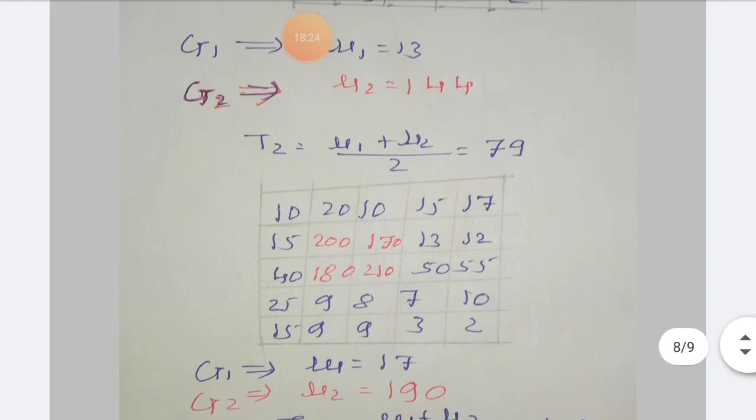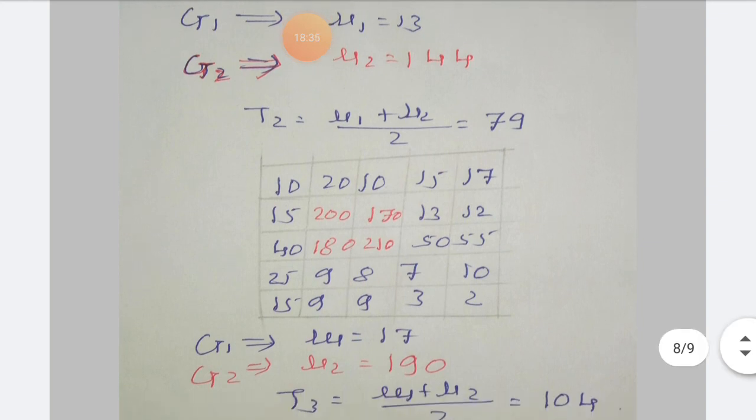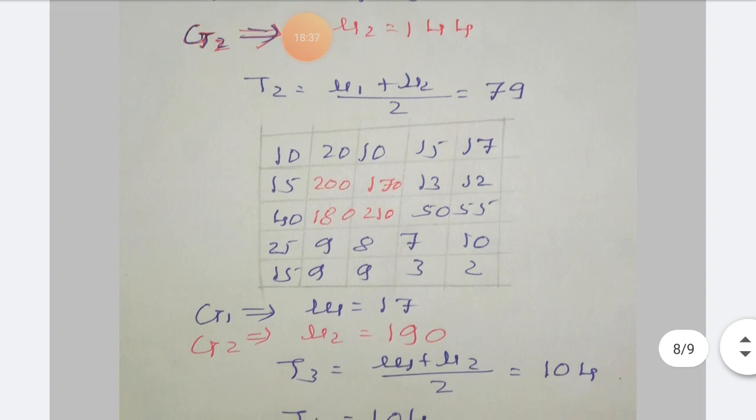Now 79 is not less than or near the previous value, so we do the same procedure. Applying t2 on the image, I get mu1 as 17 and mu2 equal to 190. From these I get the third threshold value, 104.